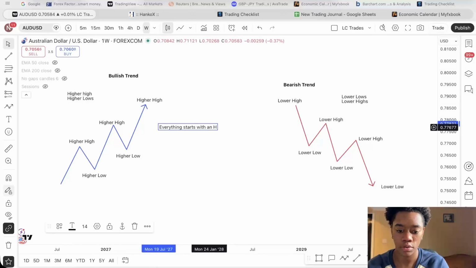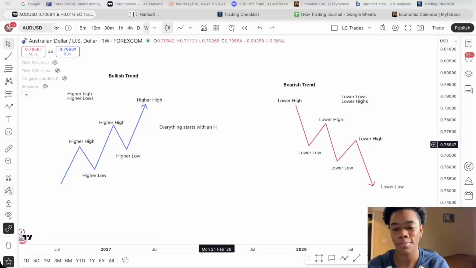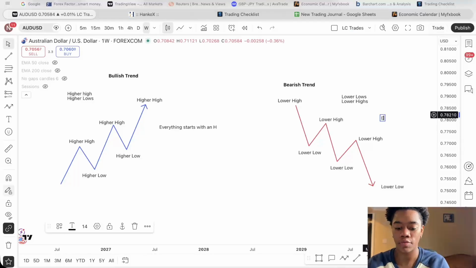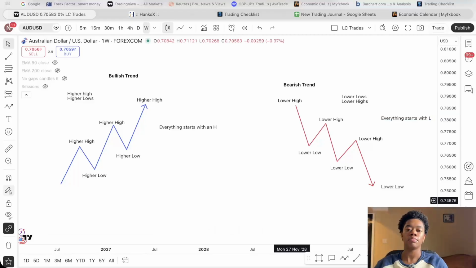Whatever. And for bearish trends, everything starts with an L. That's simple. Take a screenshot, put this in your notes. That's how you're going to remember everything.